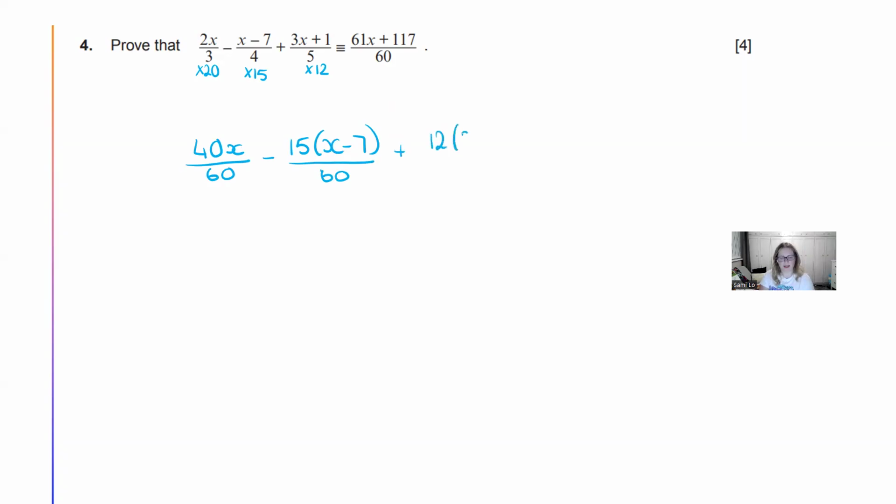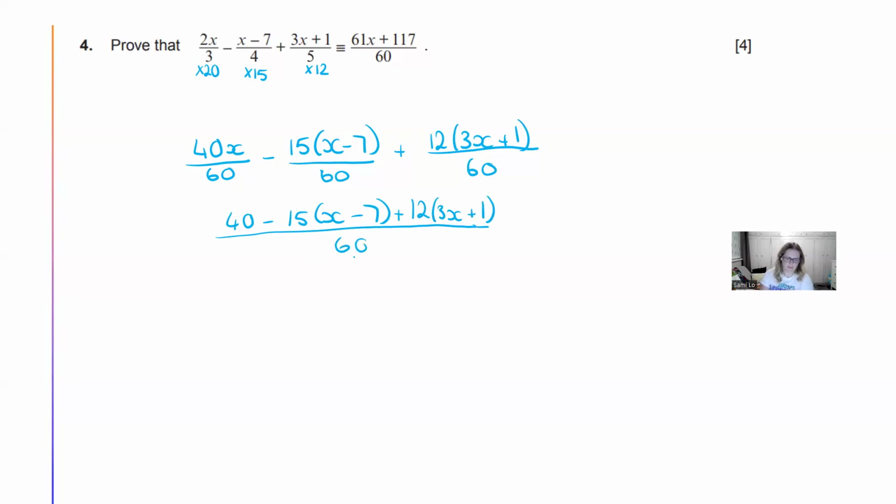So again, multiplying everything on the top, all over 60. So once I've done that, now I can merge them all together. So 40x minus 15 brackets x minus 7 plus 12 brackets 3x plus 1, all over 60.